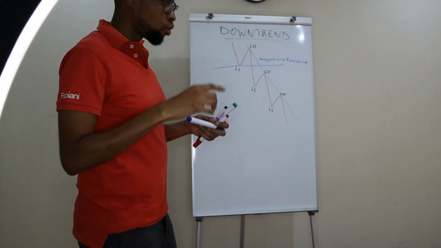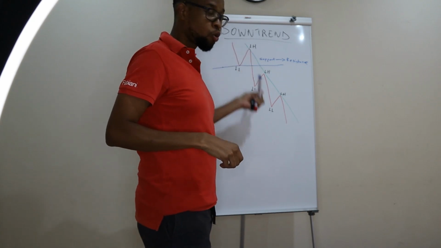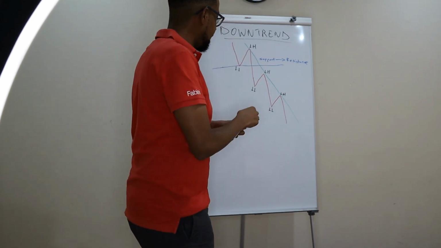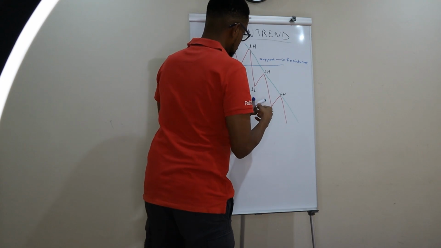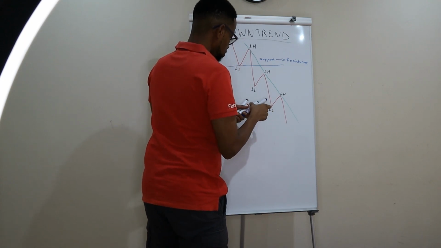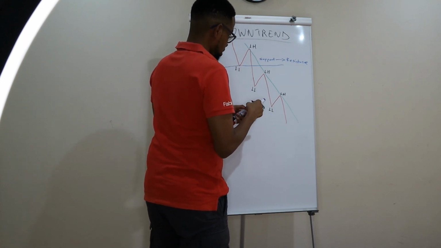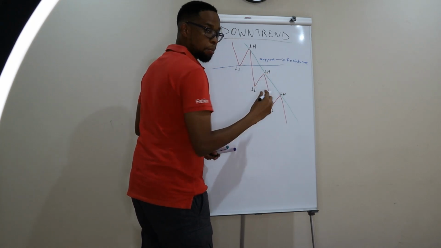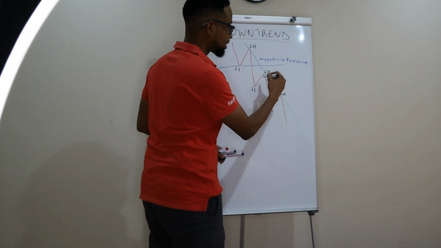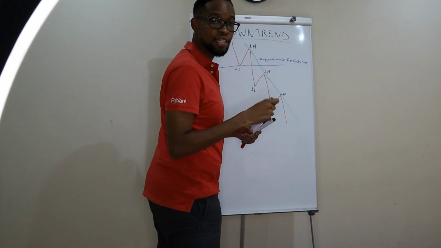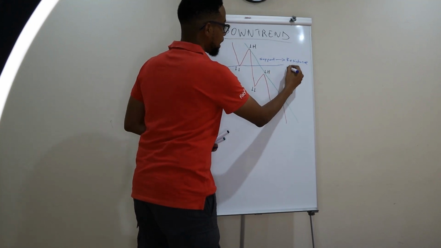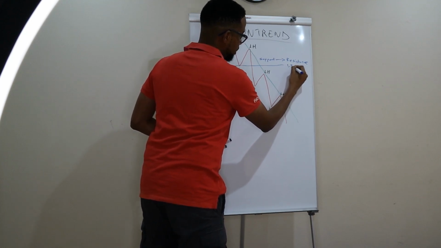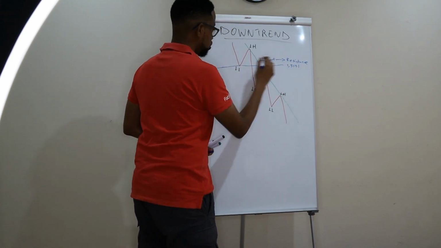Why? Because we are going in a downward manner, which is the downtrend, and then it comes to retest this level. But you must also take into account sometimes it doesn't even reach there, because this is a zone. It's not a particular set price. Let's say 1.3131. It's not a set.